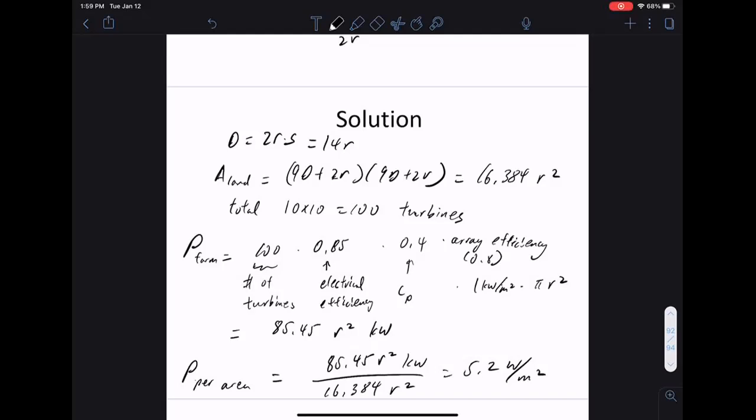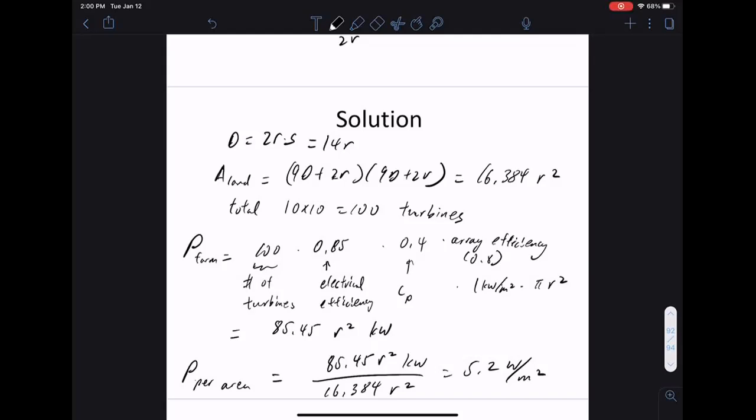Okay, you will definitely see this in the homework and the midterm. This is a common back of the envelope question that people do when they're looking at a piece of land and seeing whether it makes sense to build a wind farm there. Here, the array efficiency, we eyeballed it off this graph.